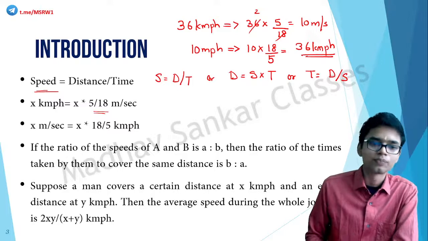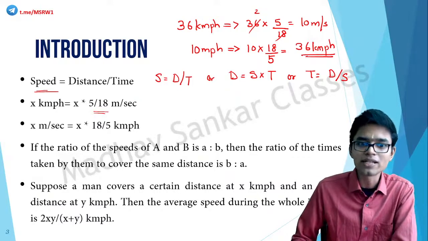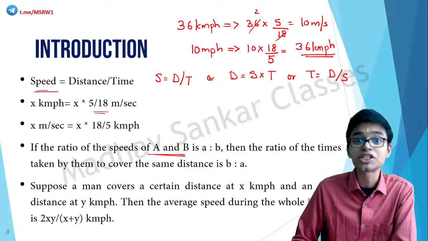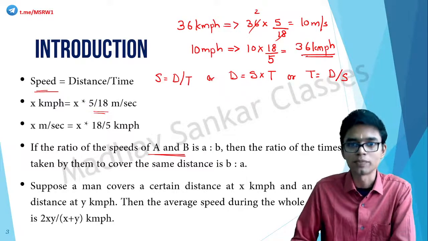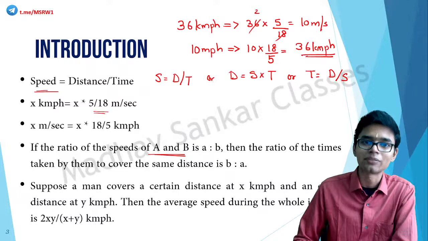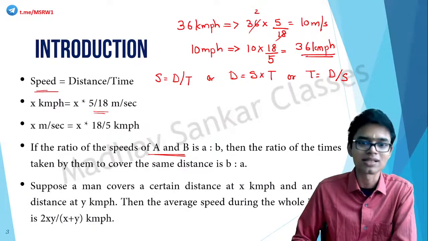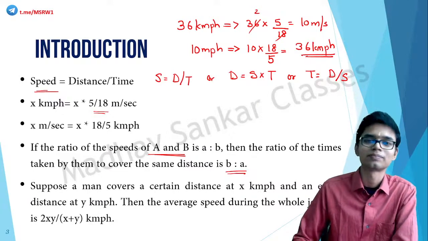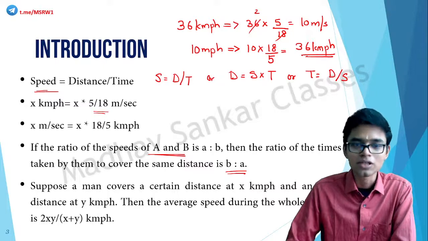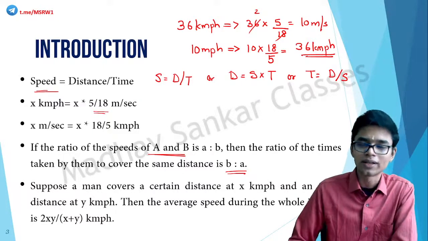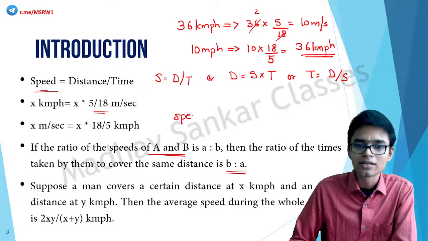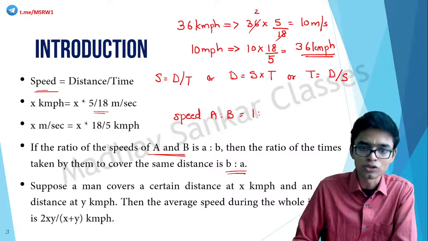Now, if the ratio of the speeds of A and B is A is to B, then the ratio of the times taken by them to cover the same distance is B is to A. Understood? For example, the speed ratio A is to B is equal to 1:2.